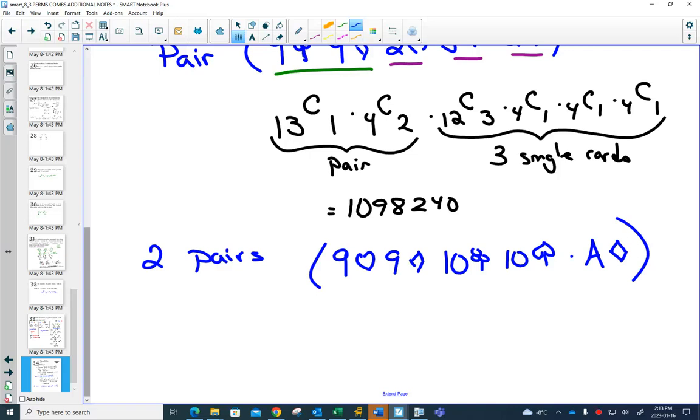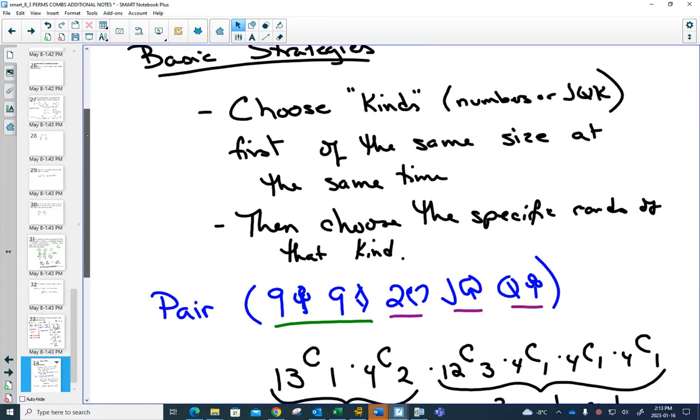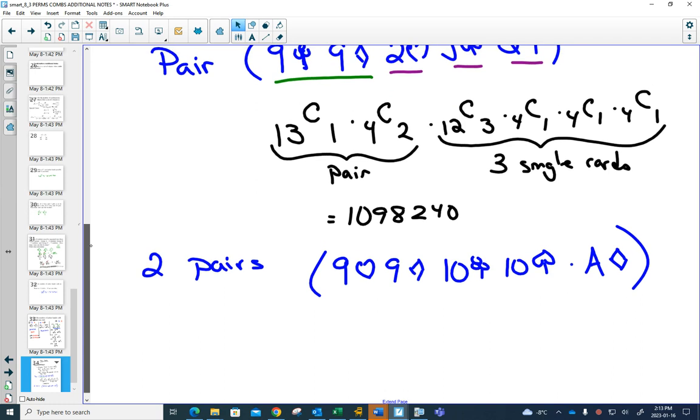Makes sense. To get 2 pairs, you need to already have the 1 pair, plus you have to have the other one as well. If we count this out, and hopefully these strategies start to make sense, can you see that as far as pairs go, you have 2 groups of 2. They're the same size, they need to be chosen at the same time.